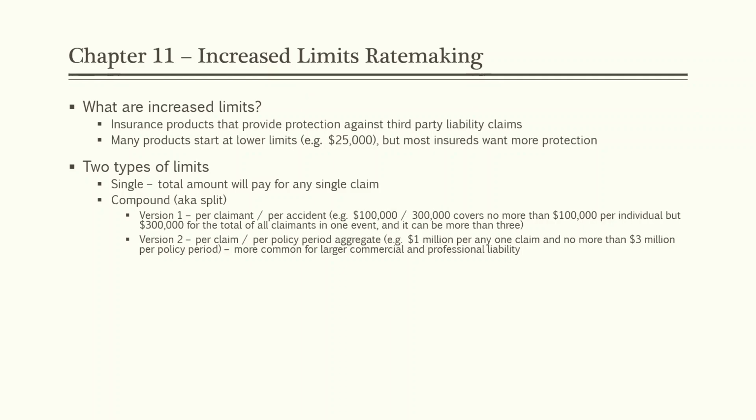If you have 4 claims of $1 million, you're not going to cover that fourth claim, because it'd be 4 claims over the course of the policy period. So you could exhaust your $3 million limit right away, or you may not exhaust it through the entire policy period. Most of the time, you're going to pick an amount that you're not going to exhaust because you don't want to cause that much risk to your business. So those are called the split limits or compound limits.